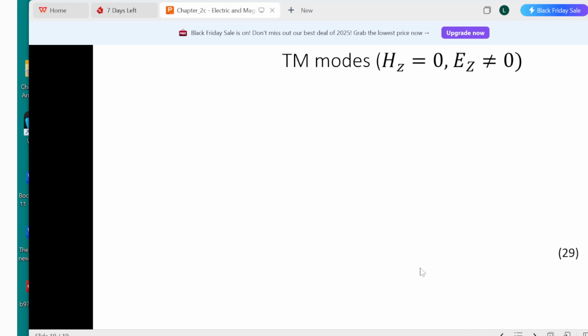Similarly, for TM modes, we can do something similar. First of all, we need to identify what TM modes means. Transverse magnetic modes means the longitudinal magnetic component is 0. So the only thing that we have left for the longitudinal direction is E of z.